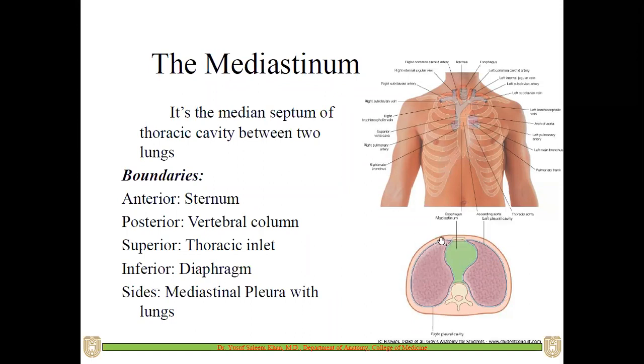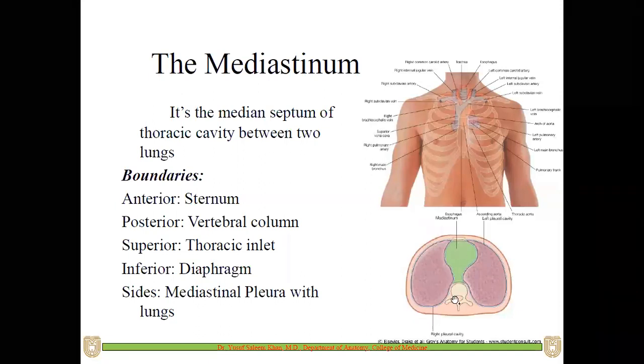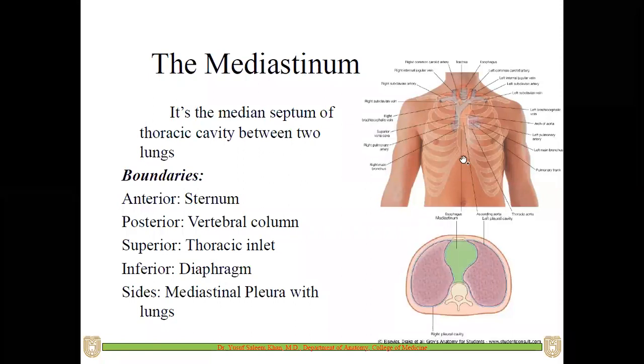These are the lungs covered by pleura, this blue line which you are seeing outside, that is the mediastinal pleura. This whole region is the mediastinum. Anteriorly, we have the sternum. Behind, we have the vertebral column. Above, the thoracic inlet. Below, the thoracic outlet covered by the diaphragm. And on either side, we have the pleura.